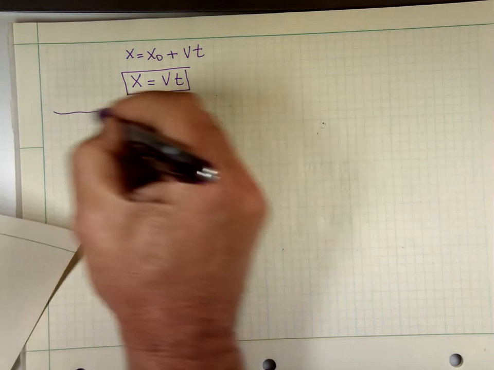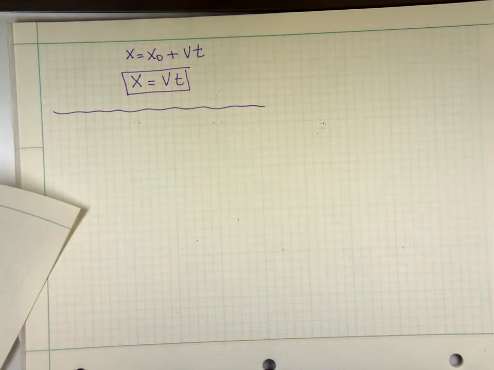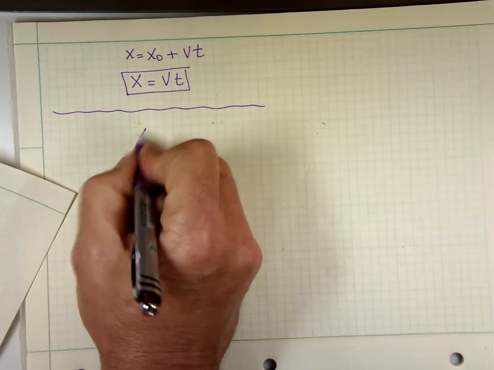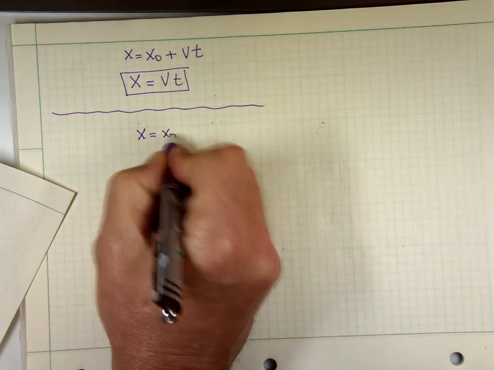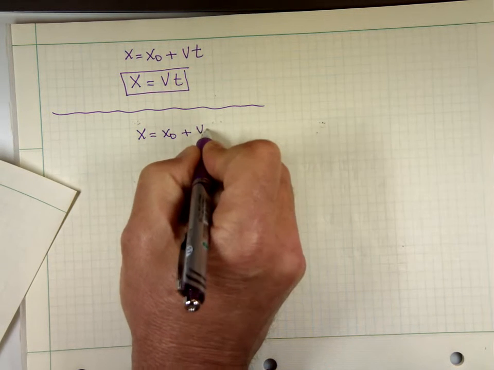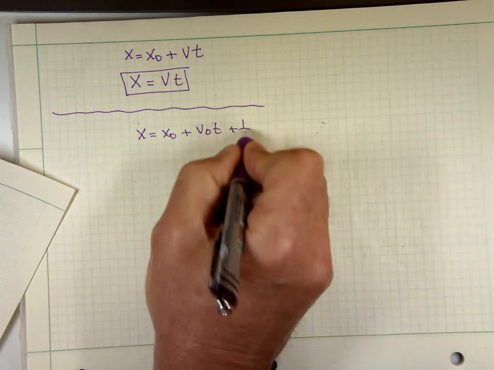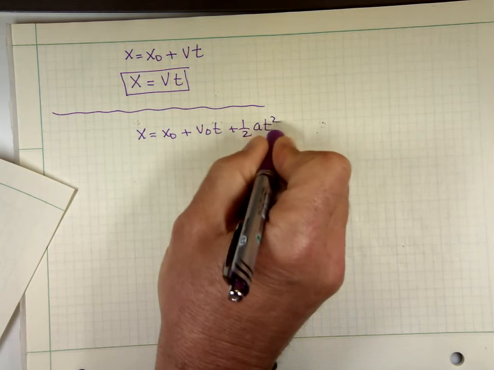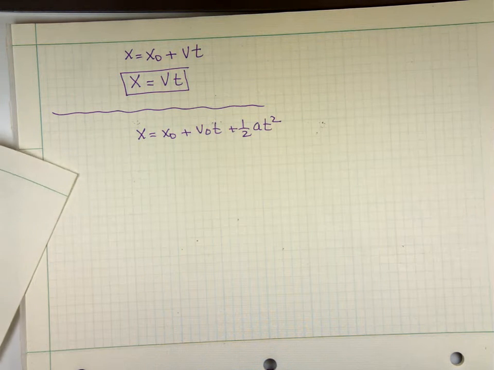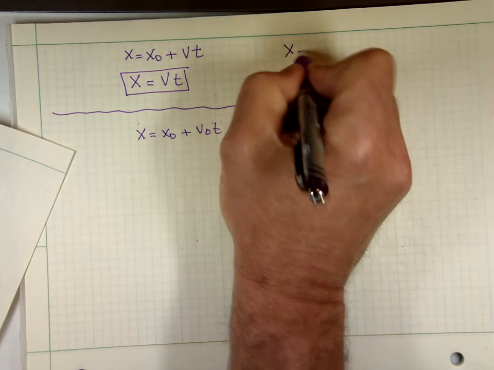Let's look at the other equations. We have another equation that says what? x equals x sub 0 plus v0 times t plus 1/2 at squared. Again, I'm talking about the x direction only.